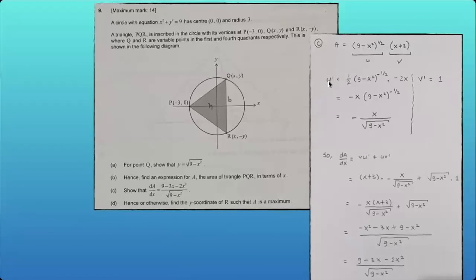Therefore, u dash using chain rule is equal to minus x over square root of 9 minus x squared, and v dash is equal to 1. So dA by dx is equal to v u dash plus u v dash, and simplify to get this expression.